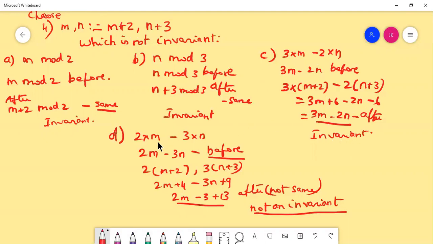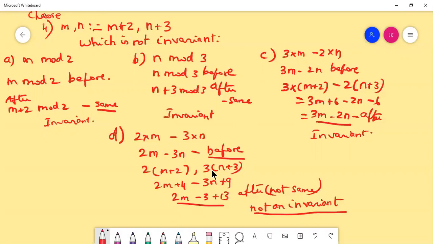We go for the choice D. Choice D is 2m minus 3n. Substitute m plus 2 and n plus 3. You're getting the answer as 2m, 2 2s are 4, minus 3n minus 9. Sorry, this should have been minus 9.